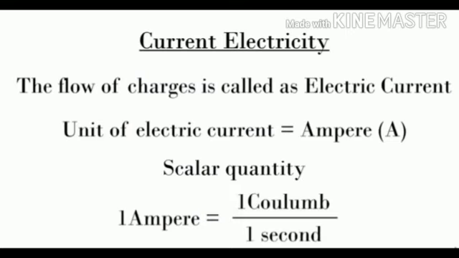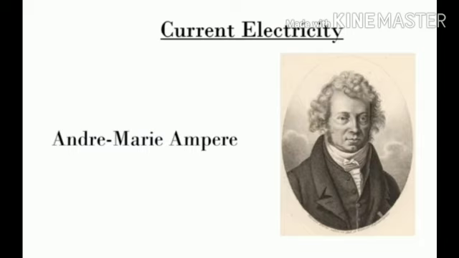Now let us define 1 ampere. When 1 coulomb of charge flows in 1 second, then 1 ampere of current is measured. It is named after the great scientist Andre Marie Ampere.